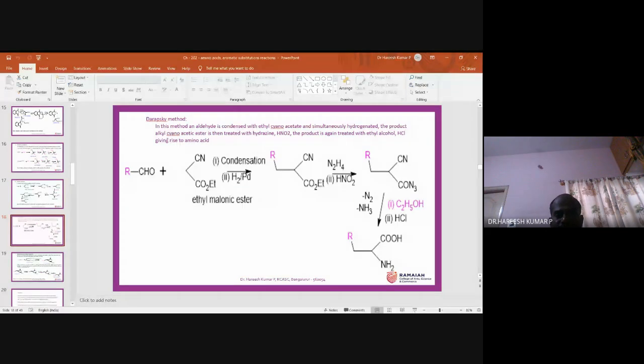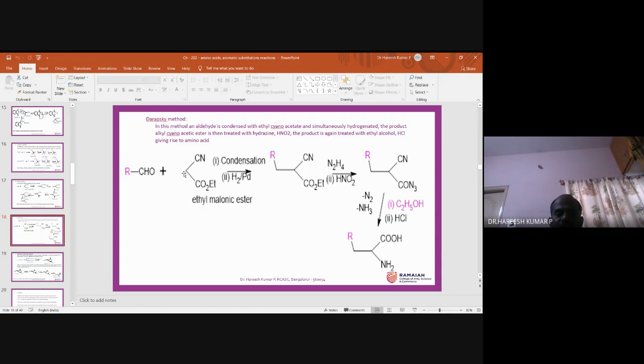So here what will happen? An aldehyde is treated with ethyl cyanoacetate. What will happen? It's a condensation reaction.